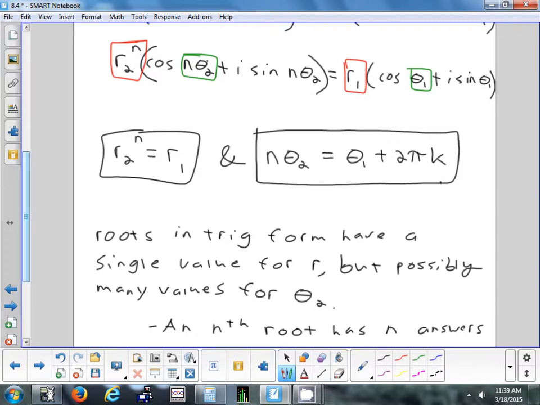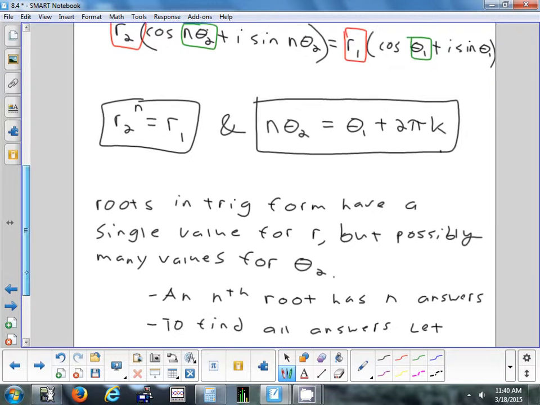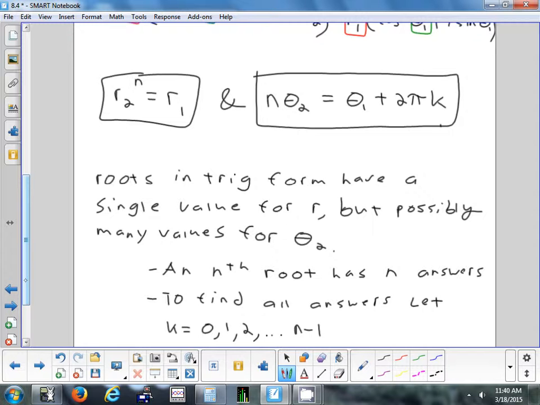And the way you're going to find all the different angles is you're going to let k take on different values, starting at 0 and going up to n minus 1. So for example, if you were doing a cube root problem, there's 3 answers. You're going to let k equal 0, 1, 2.